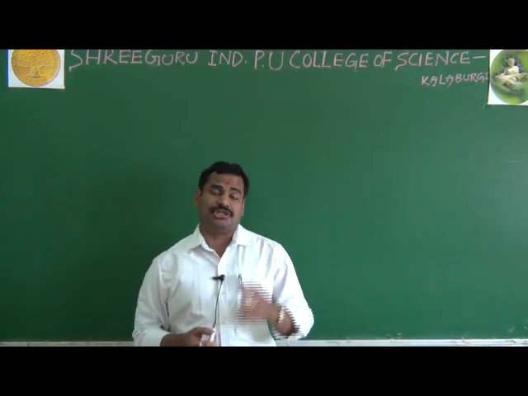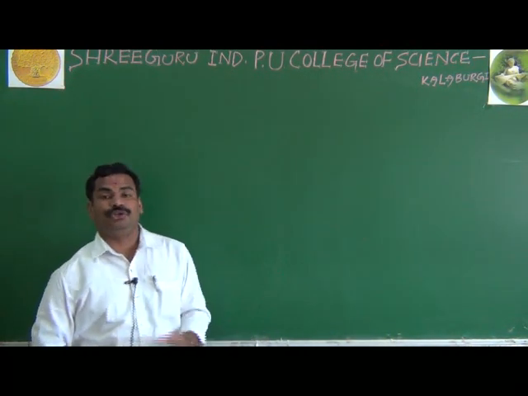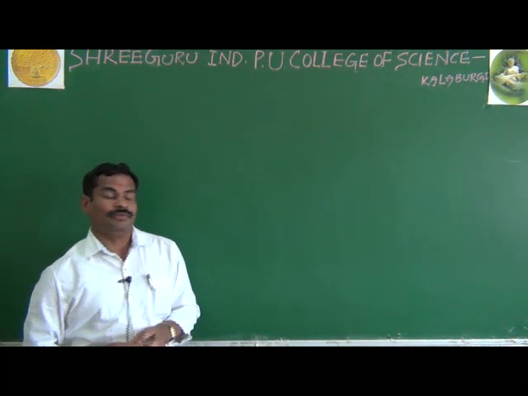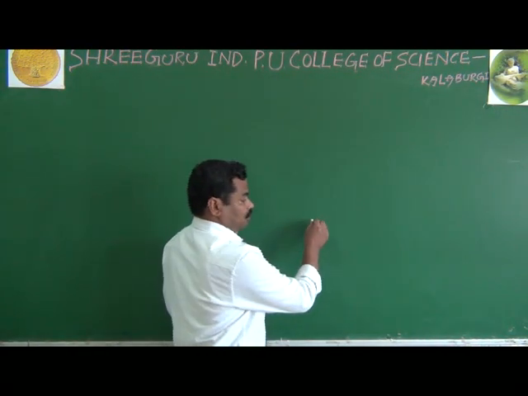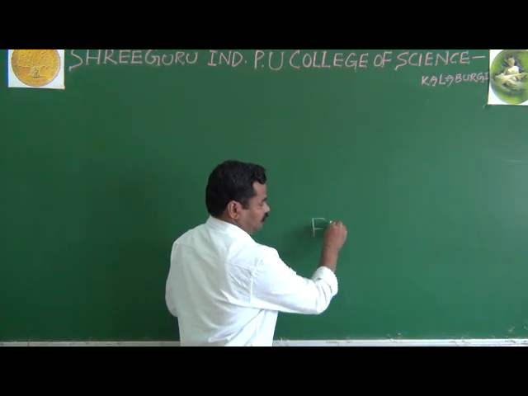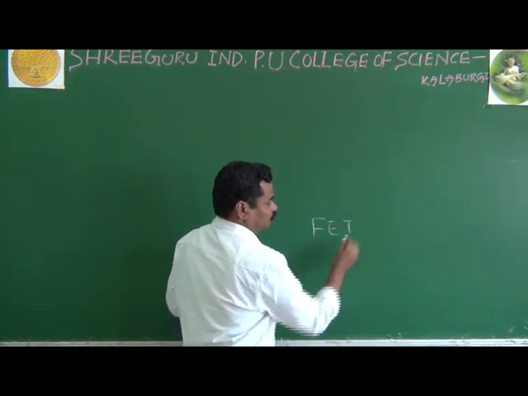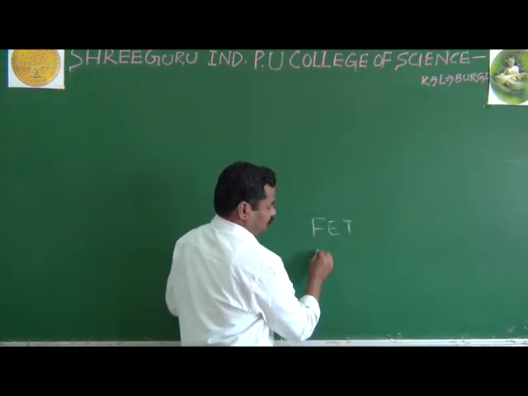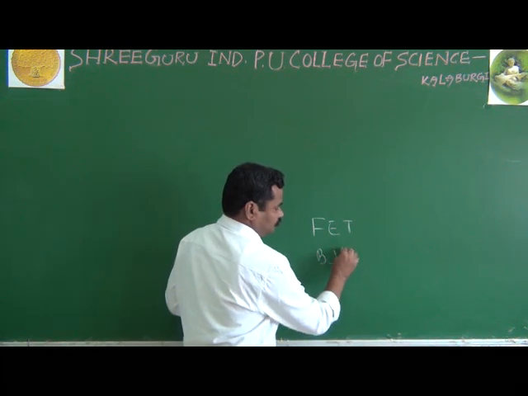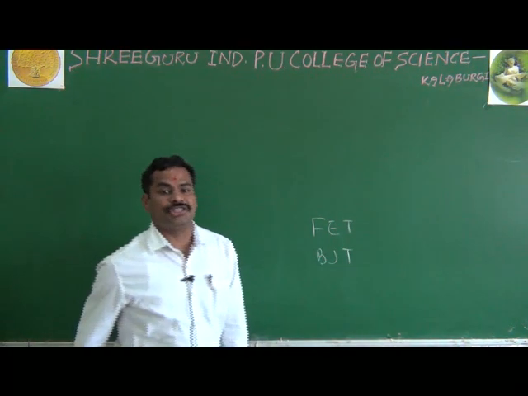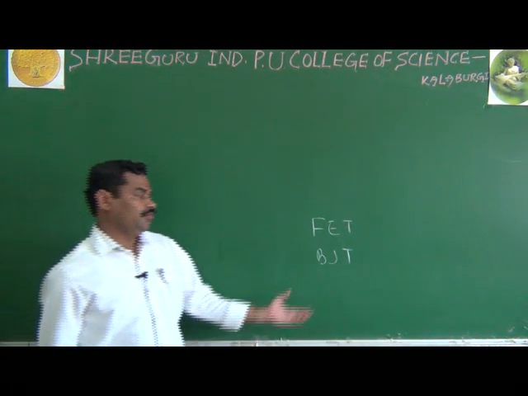And yesterday I said this also: the example for unipolar is the FET, and the example for bipolar is the BJT.